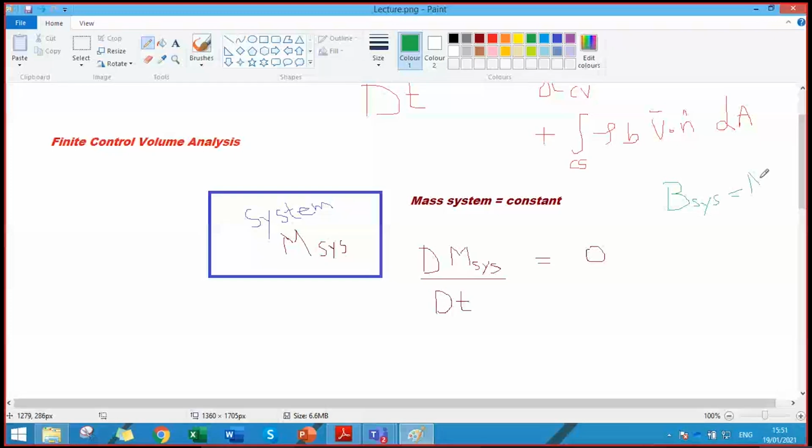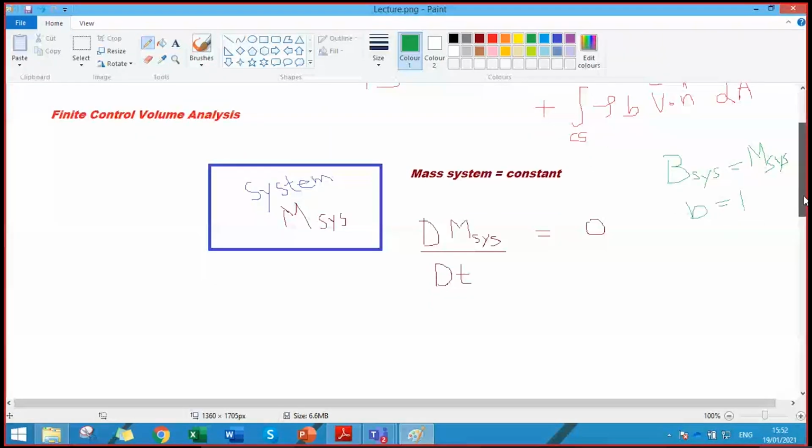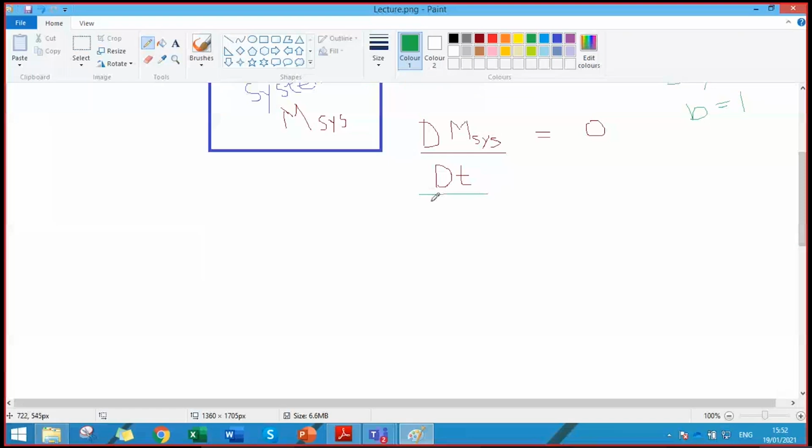So small b would be equal to unit B over mass, which is basically 1, right? So if I write the expanded form of this term, the Reynolds transport theorem, what would that form be?